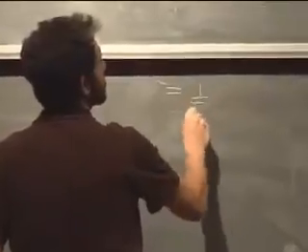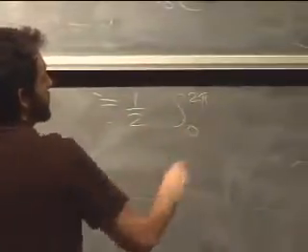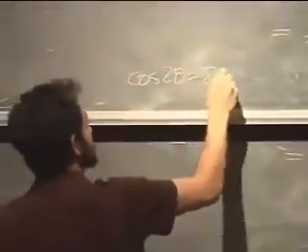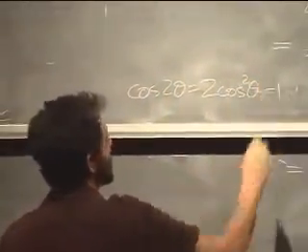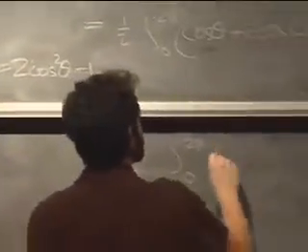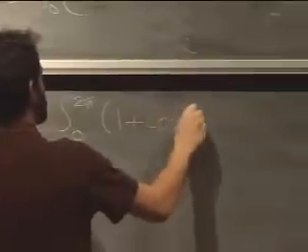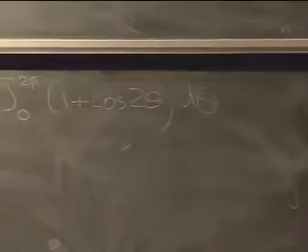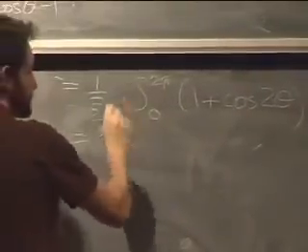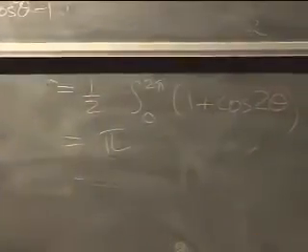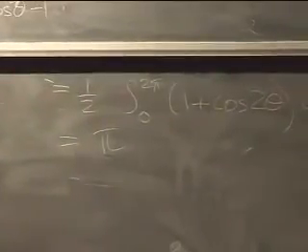But you still have 1/2 of 2 cosine squared theta. But, of course, cosine 2 theta is 2 cosine squared theta minus 1. And so I believe you can write this as 1 plus cosine 2 theta. And this should work out to just be pi. Is that true? I think it's true. So I think that the answer is minus pi.